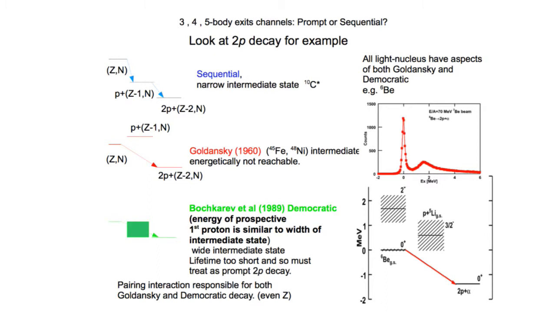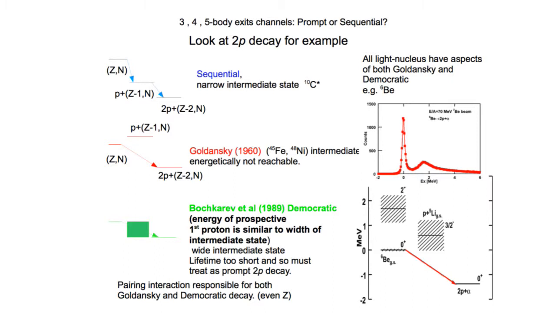For the lighter systems, not all these levels are very narrow, okay? So you get cases where you get wide states. In particular, if you have a case like this where the intermediate state is wide, then it was proposed in 1989, they used a term called democratic decay.